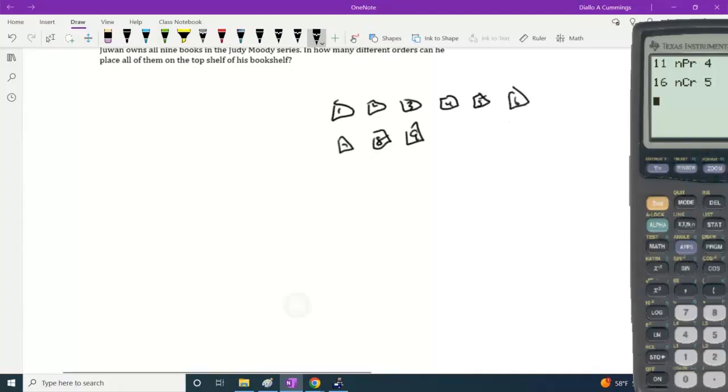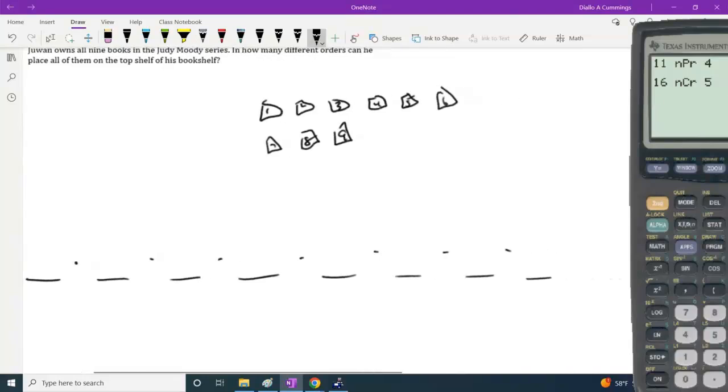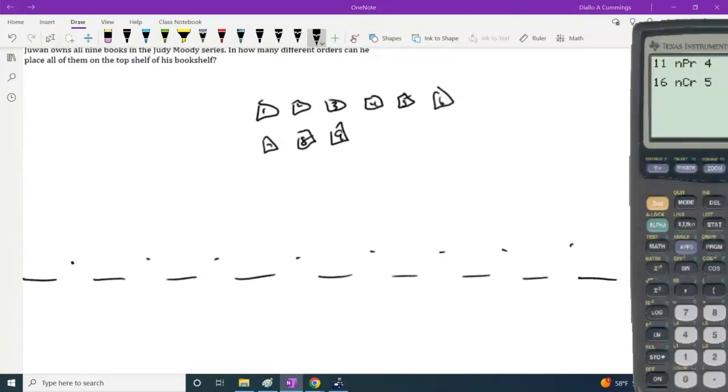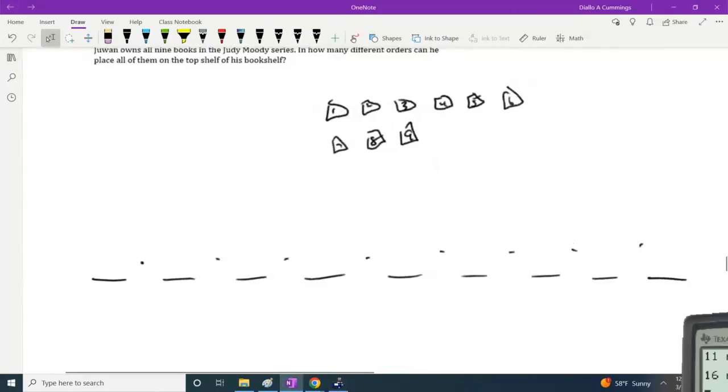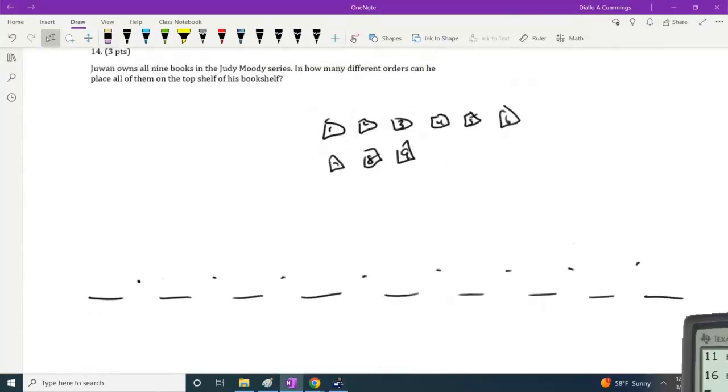And then on the bookshelf, I'm going to map out 9 books. 1, 2, 3, 4, 6, 7, 8, 9. So again, this is not a probability question. It's a how many ways can you order something question.